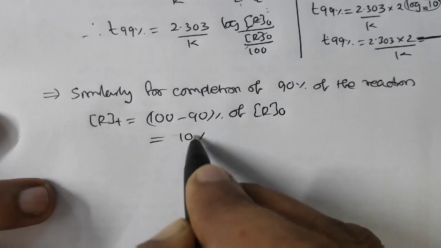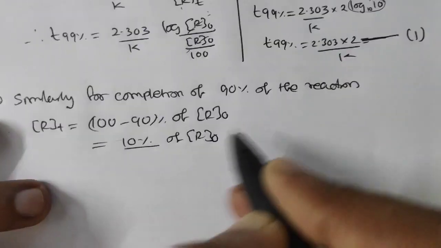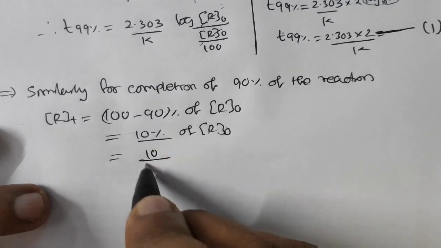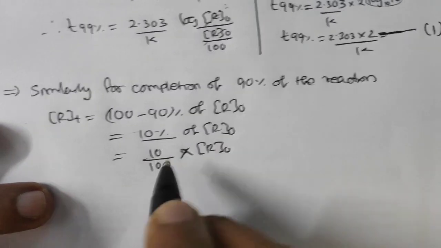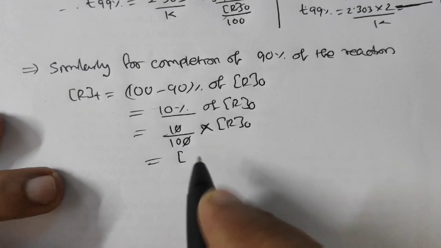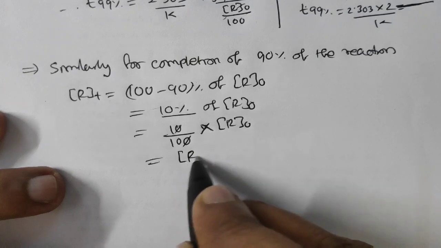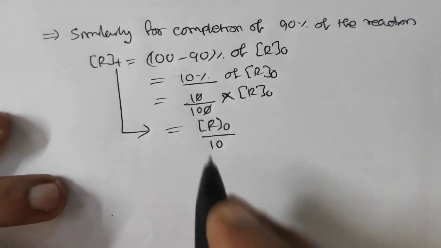So which will be 10% of R0, right? Which is equal to 10 by 100 multiplied by R0. This will get cancelled. So it will be R0 by 10. Okay, so Rt is R0 by 10.